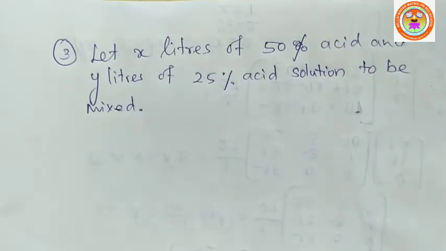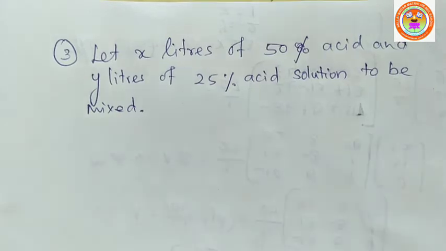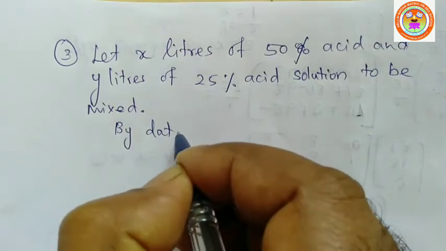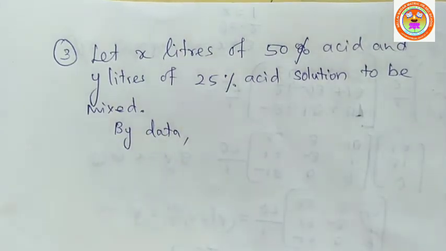So let x liters of 50% acid and y liters of 25% acid solution be mixed. So by data, it is given that the chemist is planning to prepare 10 liters of acid solution.